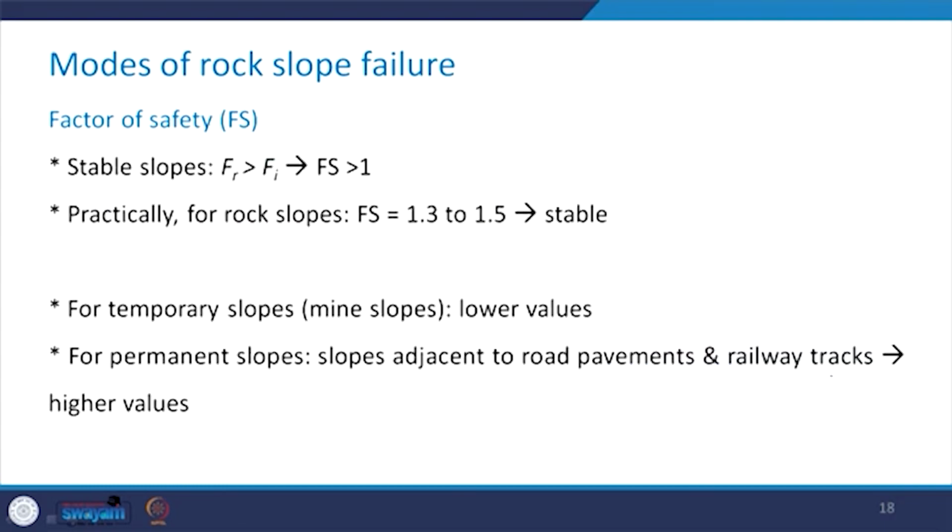For the stable slopes, obviously the resisting force has to be more than the force that is inducing the sliding. This results in factors of safety greater than 1. So, practically for rock slopes, when this factor of safety works out to be say 1.3 to 1.5, we say that the rock slope is stable.